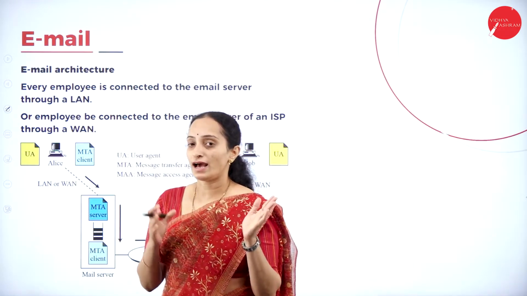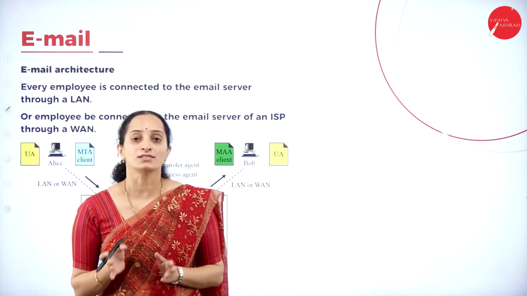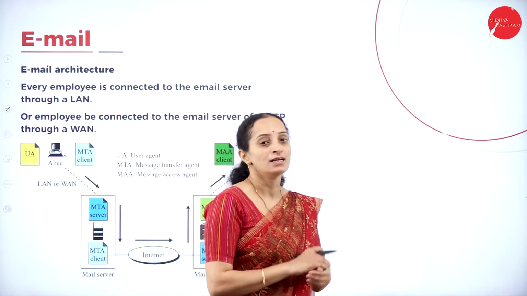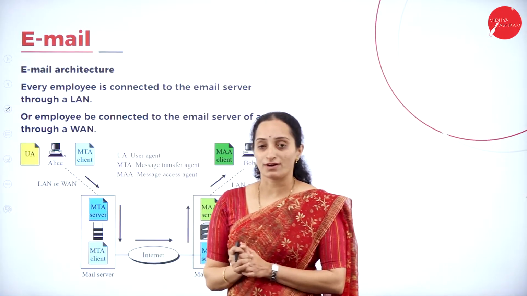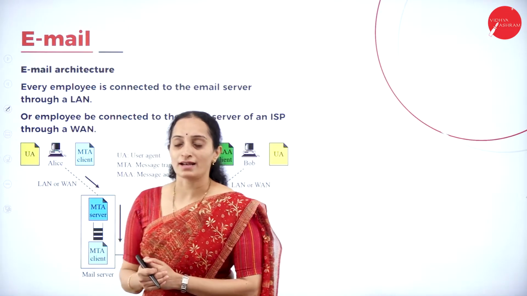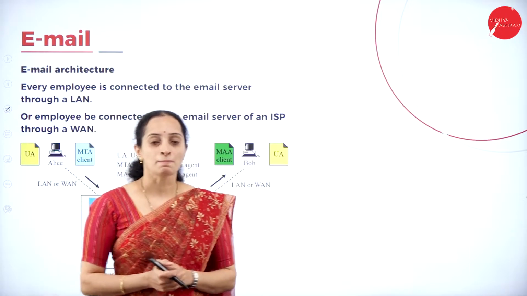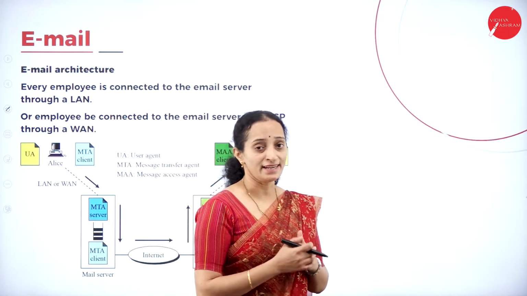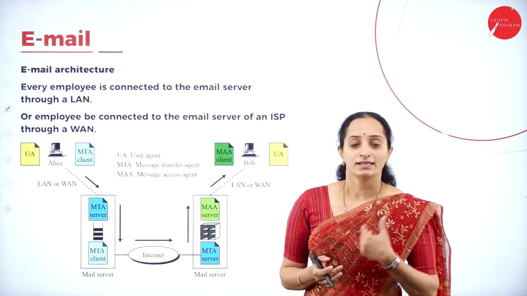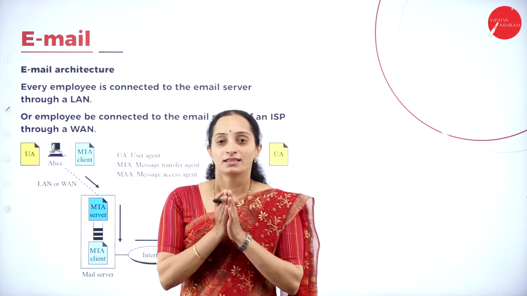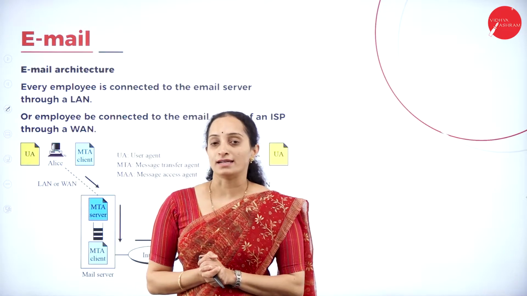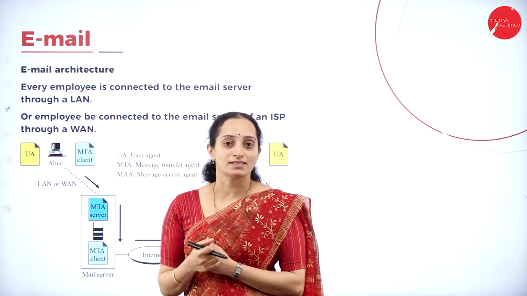If they are in 2 organizations or a single organization, the sender has to send an email to the receiver. How is it going to be done? The procedure is, the sender requests for a network connection. Once the network connection is established, the sender can send the message.